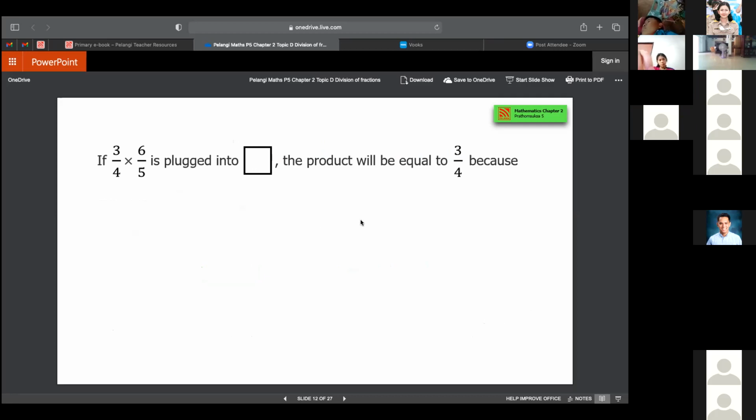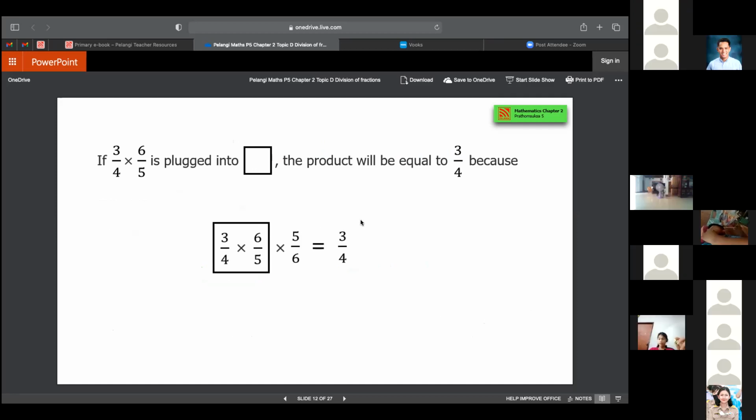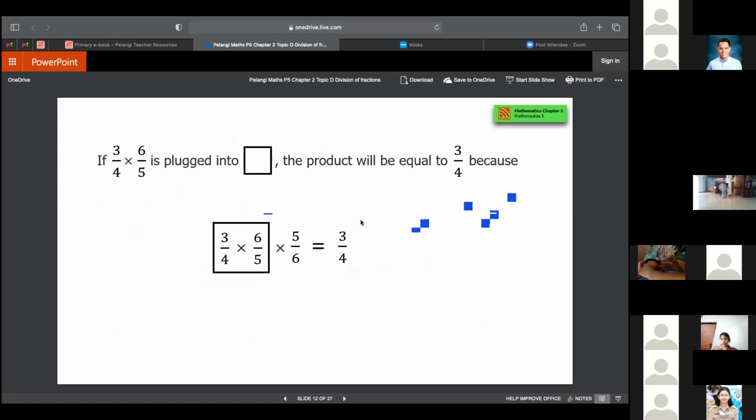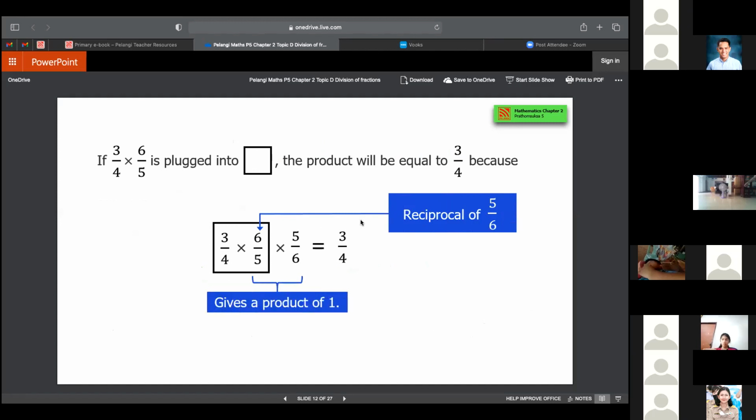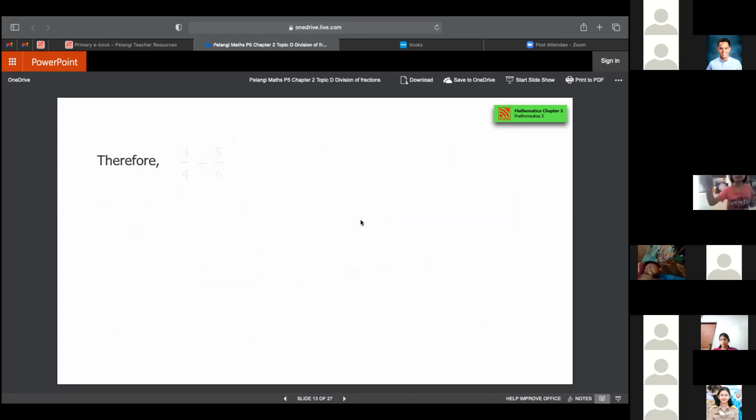If 3/4 times 6/5 is plugged into the blank, the product will be equal to 3/4, because 3/4 times 6/5 times 5/6 is equal to 3/4. 6/5 is the reciprocal of 5/6. It gives a product of 1.